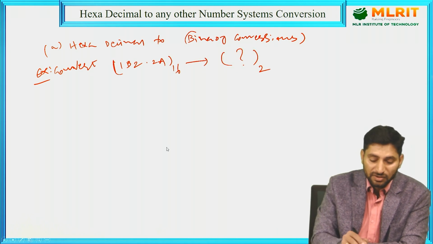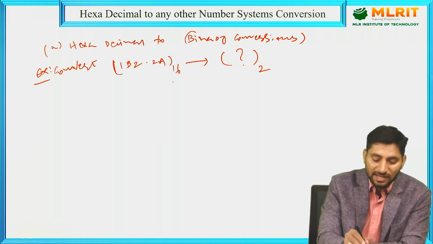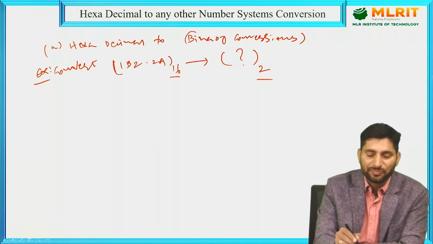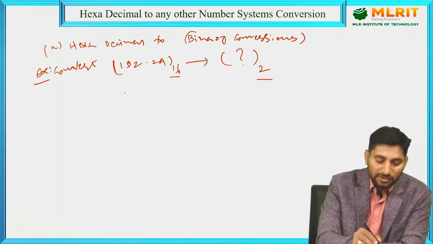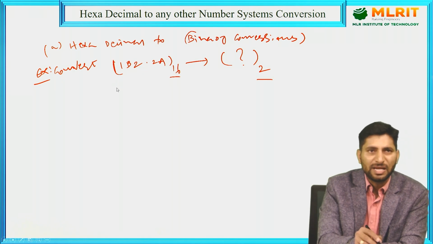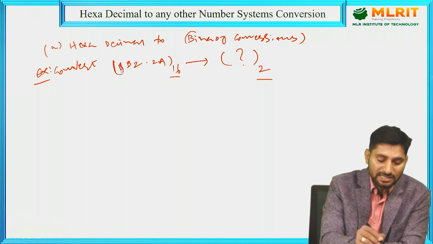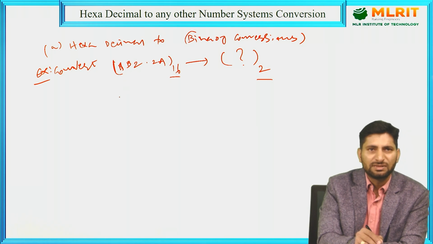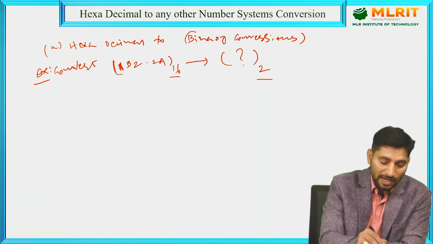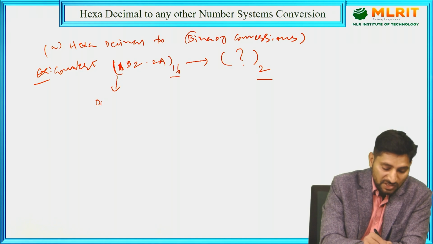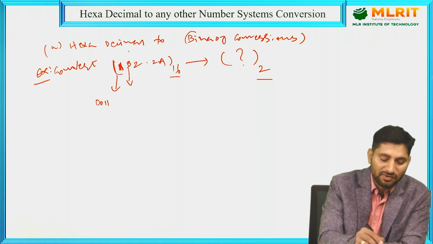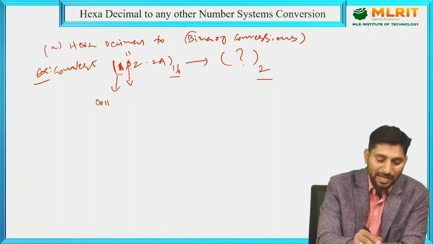So while converting hexadecimal to binary, I have to take each hexadecimal digit and make a group of 4 binary equivalents. So now 1 can be written as 0, 0, 0, 1, and B, what is the equivalent of B? 11. So B is 11.